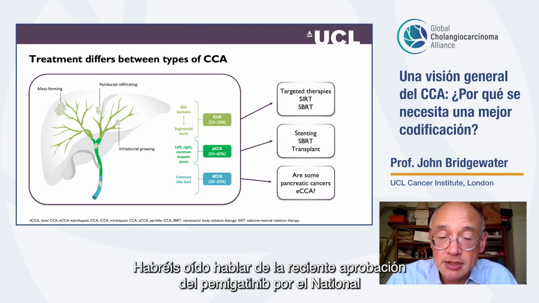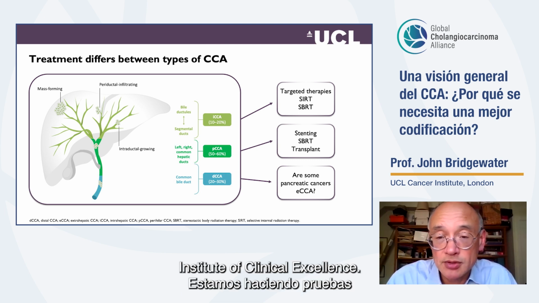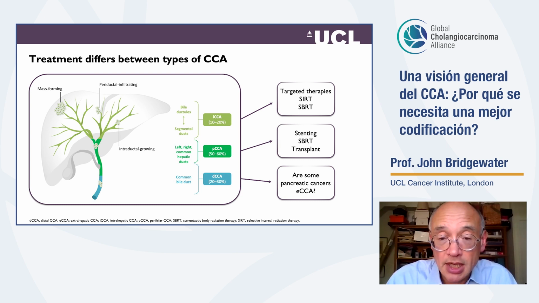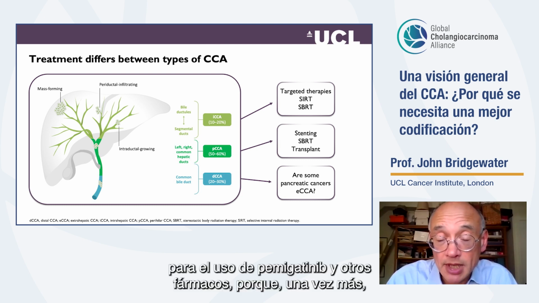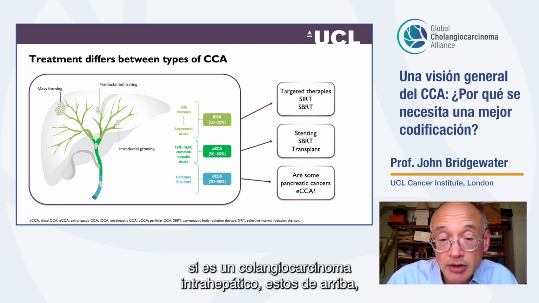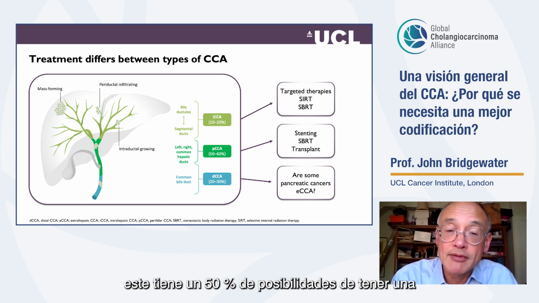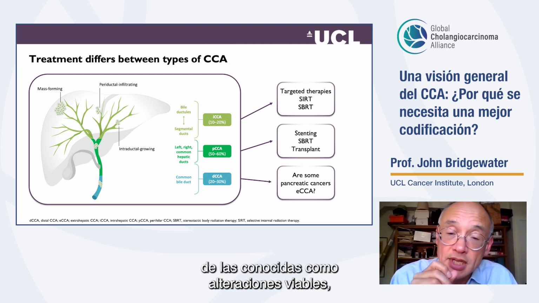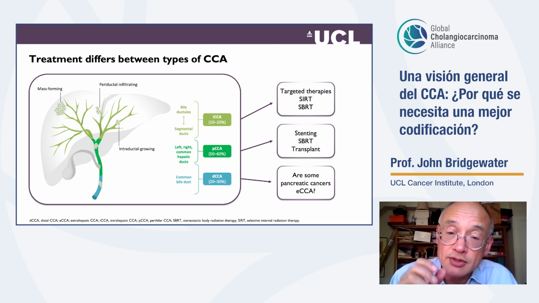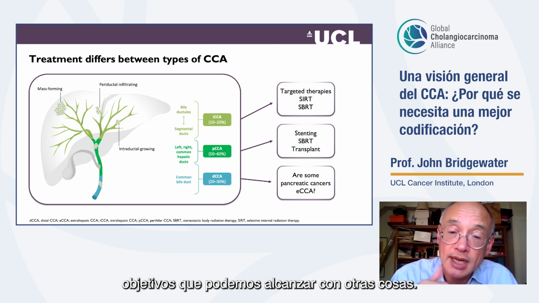You'll have heard about the recent approval of pemigatinib by the National Institute of Clinical Excellence. We're testing for the use of pemigatinib and other drugs, because if you are an intrahepatic cholangiocarcinoma, you have a good chance, a 50% chance, of having one of these what we call actionable alterations, targets that we can hit with other things.